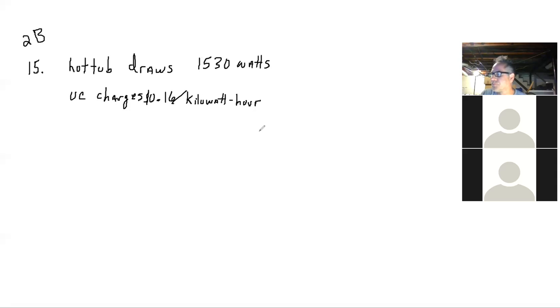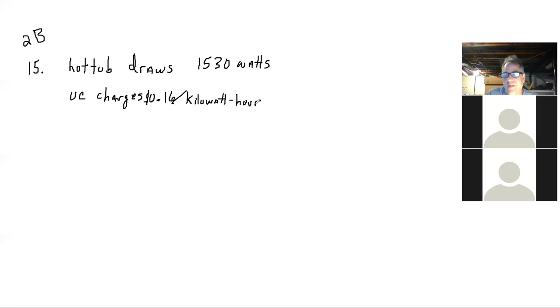So let's see here. We've got to figure out, first off, how much power we're going to use in kilowatt hours total. We know that we're going to be 16 cents per kilowatt hour.